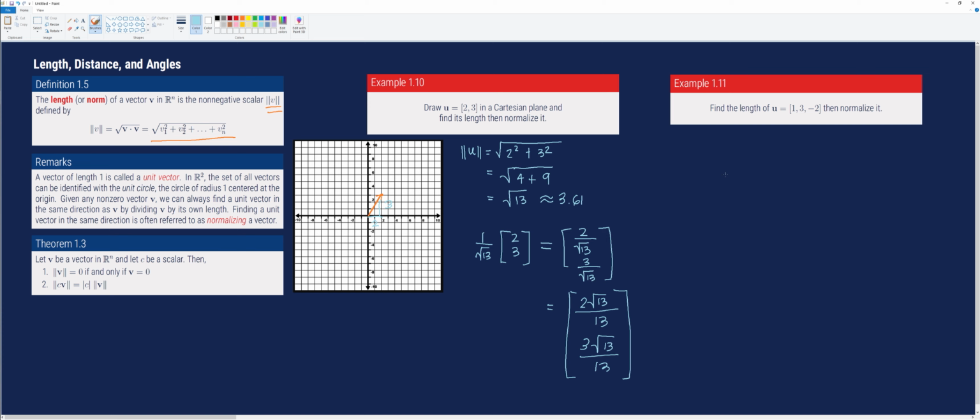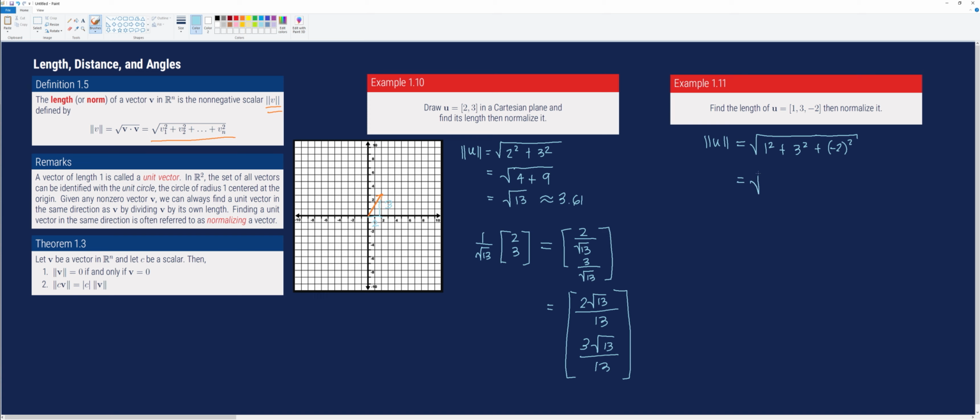Let's consider example 1.11. Again, we are asked to find the length of the vector u, then we are asked to normalize it afterwards. To identify the length of the vector u, we use the formula: length of u, or norm of u, is equal to the square root of 1 squared, that's the first component, plus 3 squared, that's the second component, plus negative 2 squared, which is the last component.